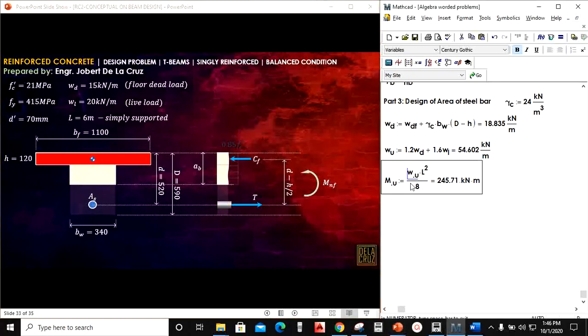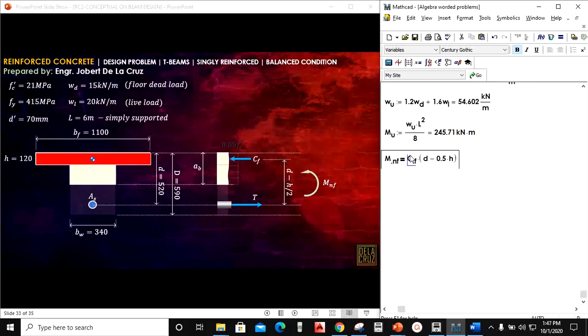Okay? So, that will be MNF. MNF is equals to, as you can see, CF of the flange times the moment arm D minus 0.5 of H natin. Okay? That one. Now, ano yung CF natin dito? So, our CF here is the total force acting on the flange. Okay?